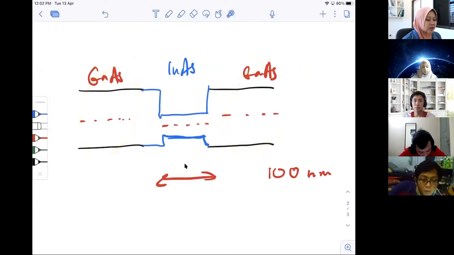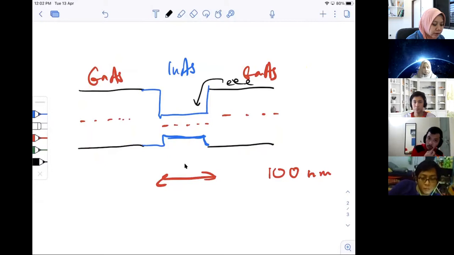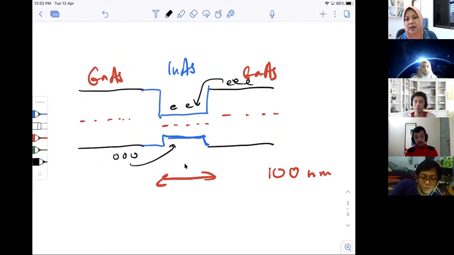As long as you have a material sandwiched between a larger bandgap material with a lower, you have a quantum well. So the advantage of this is that when you have electron flowing over here, this electron will be trapped over here. Dia akan lekat kat situ. And the hole as well. I told you before, right?